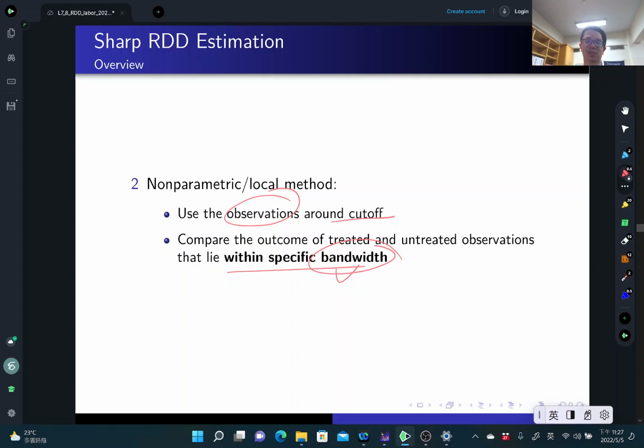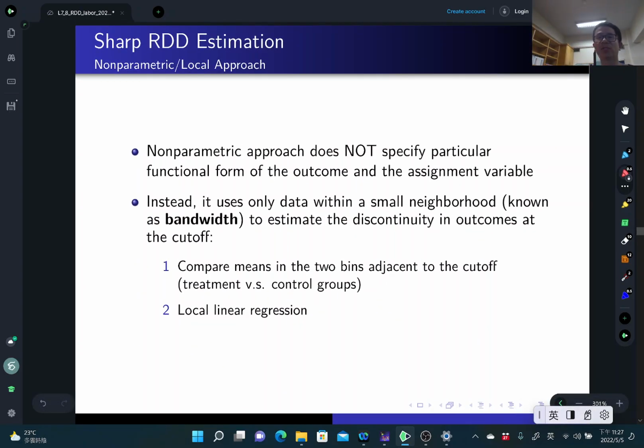That is, choosing the specific interval around the cutoff that you use for the estimation. The non-parametric approach does not specify any particular functional form of the outcome and assignment variable. Instead, we just use the data within a small neighborhood, sometimes called the bandwidth, to estimate the discontinuity in outcome at the cutoff.